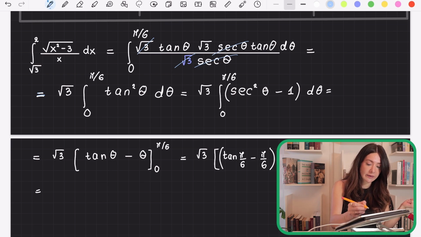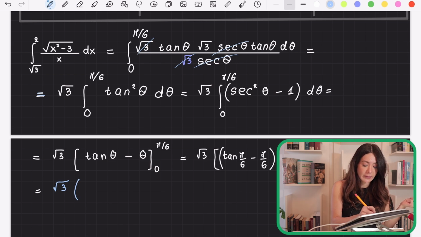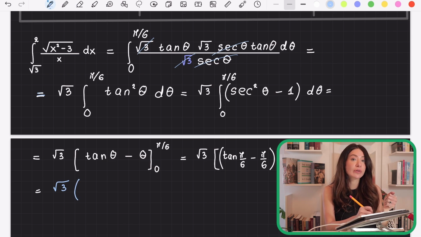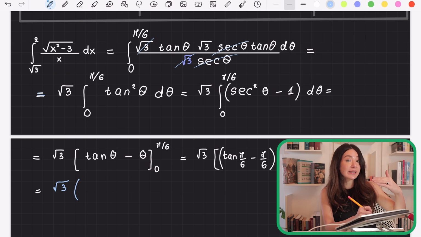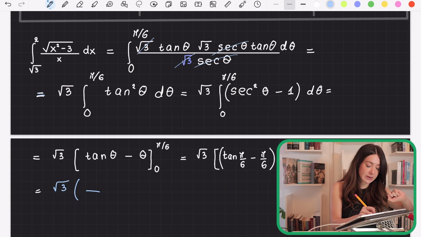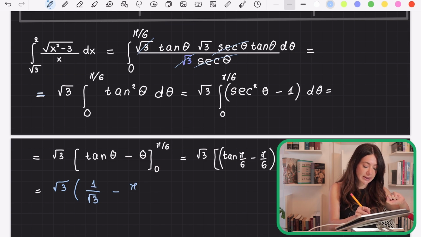So all I have is square root of 3. And tangent pi over 6 is sine 30 degrees, pi over 6, over cosine 30 degrees. So 1 over 2 over square root of 3 over 2. So 2's get canceled, and all you're left with is 1 over square root of 3 minus pi over 6. You can't do anything about that, okay?